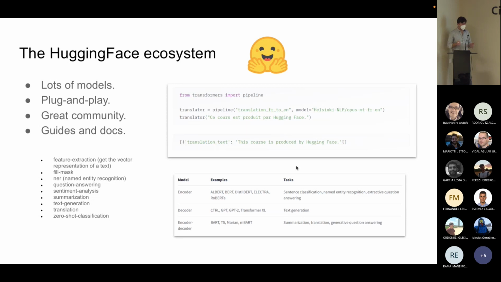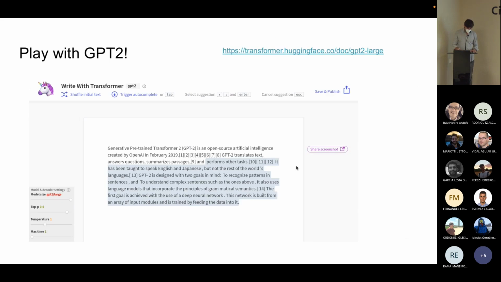They have guides and documentation that are really well written. So everyone that wants to try it, just go to Hugging Face because it is really nice. They also have not only code-related resources, they also have web applications that allow you to play in the web with this kind of models.